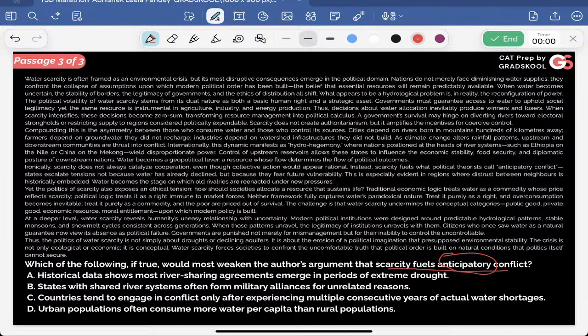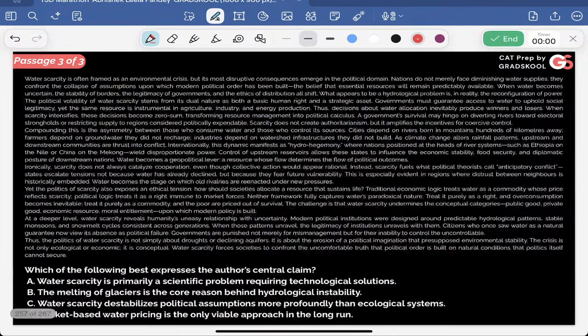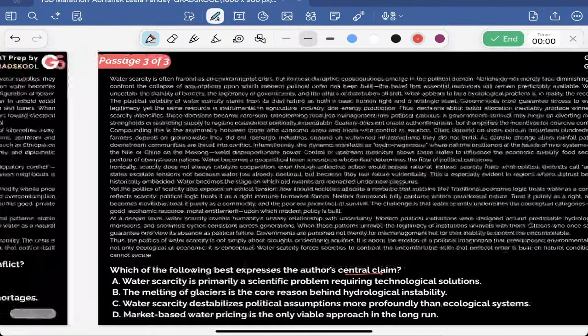Probably the people or nations are thinking about maybe losing in the future, and that fear is why conflict might arise. Which of the following best expresses the author's central claim? The central claim will be what is repeated again and again in the passage. Let's see.